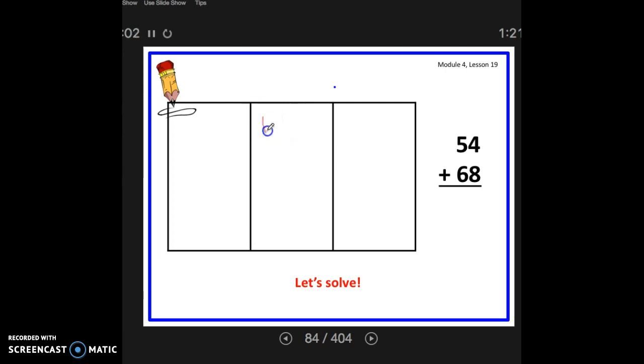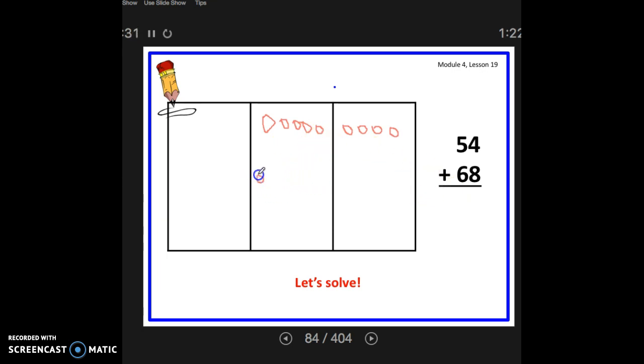So we're going to draw 10, 20, 30, 40, 50, and 4. 1, 2, 3, and 4. Then we have to draw and build 68. And remember, I always like to put a space in between so it's easier for us to see that there's two different numbers.